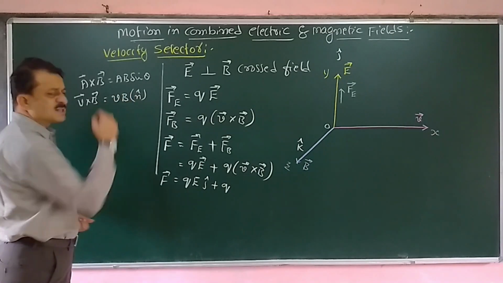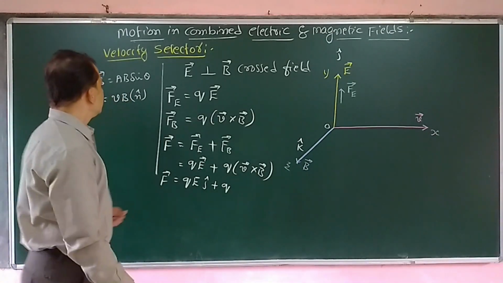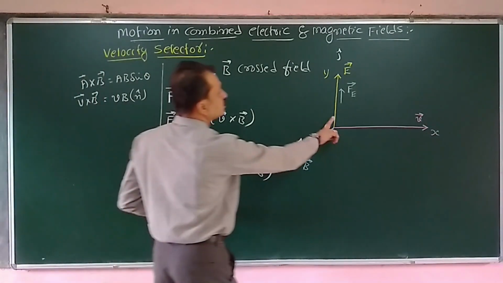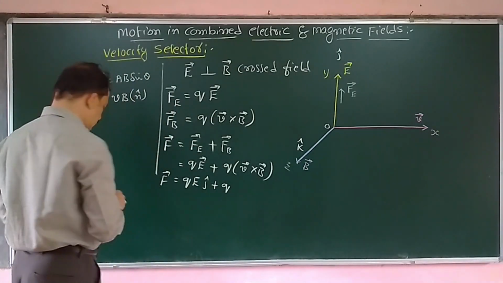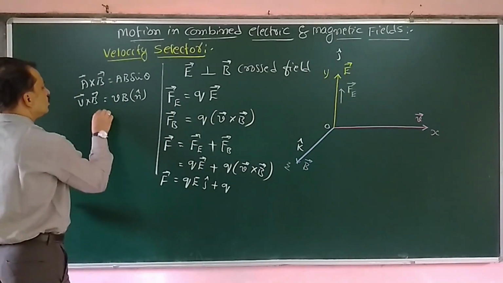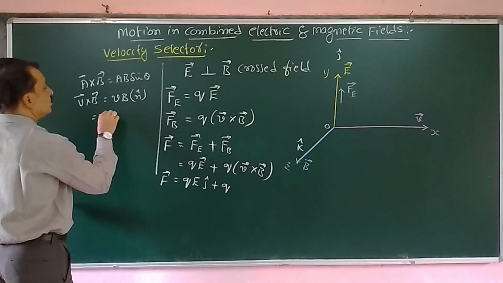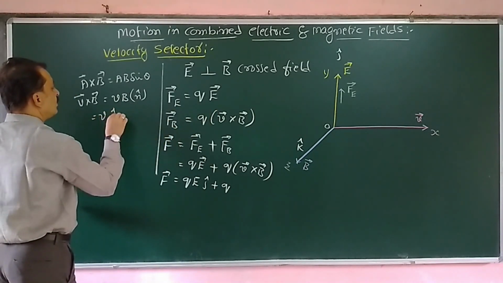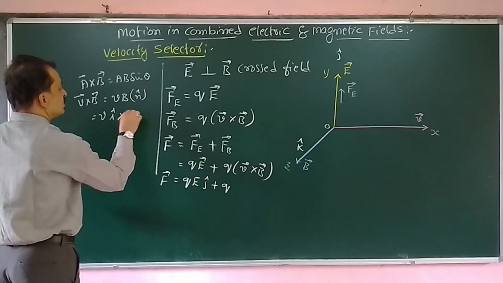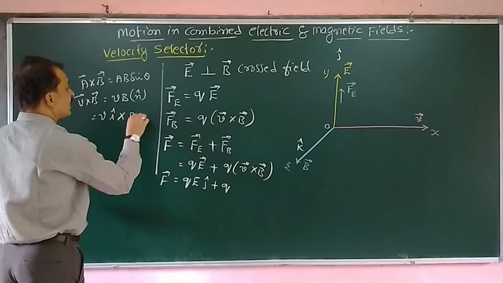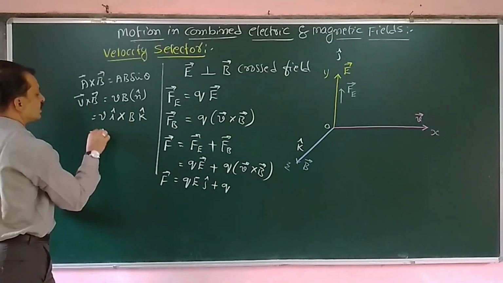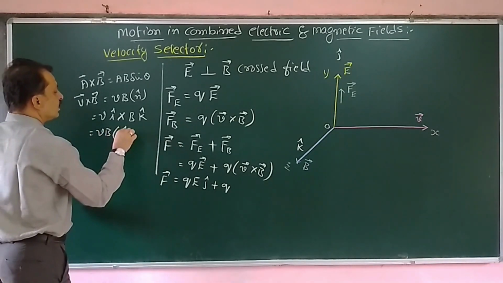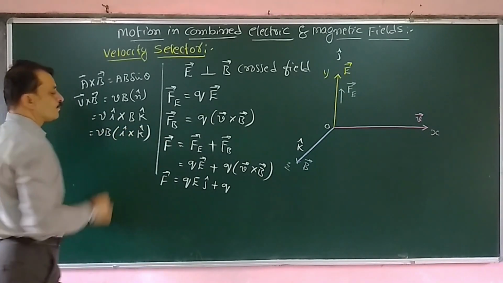Now we have to write what is that unit vector. Now this velocity is along the x-axis, therefore this is equal to V into i cap cross B into k cap. Now if you take the magnitude out, we get i cross k.